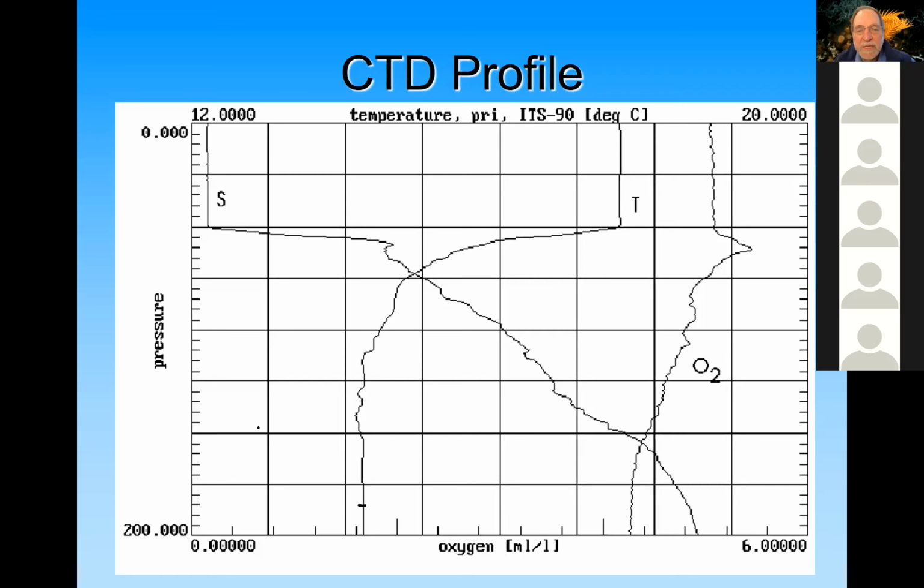So if we look at these different properties that we've measured here, we can see that the salinity goes from about, what is this? I think this is temperature on the surface. I'm not seeing where salinity is written out.